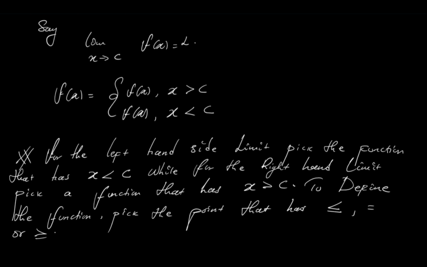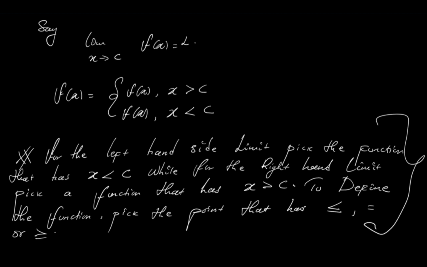While for the right-hand side, pick the function that has x being greater than c. Then if you want to define the function, pick the point that has either less than or equal to, or greater than or equal to. Do not forget this important point.